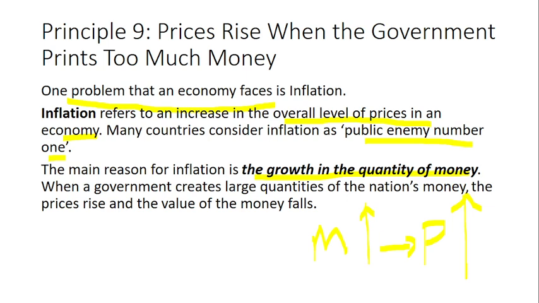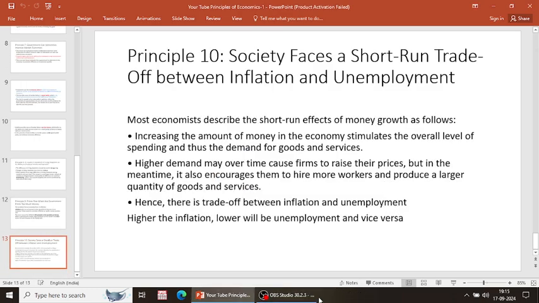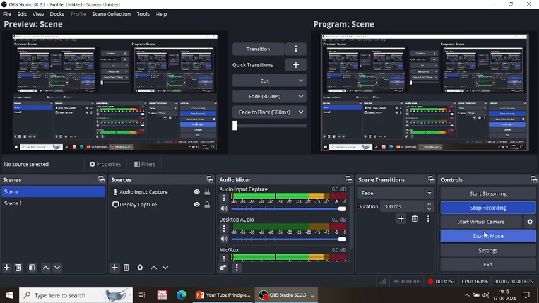Principle number 9, prices rise or inflation occurs because of the government printing too much currency. Principle number 10, society faces a short-term trade-off between inflation and unemployment. With this, we complete the principles of economics as explained by Gregory Mankiw in his very famous book on macroeconomics.